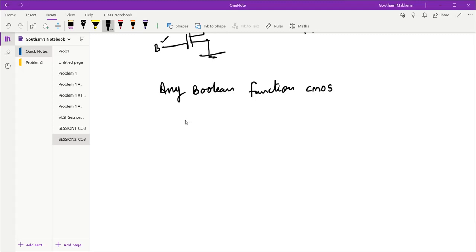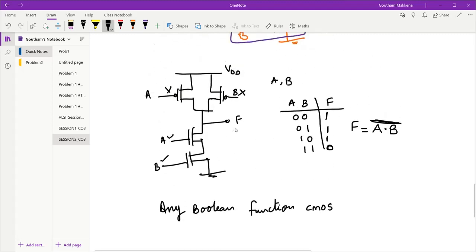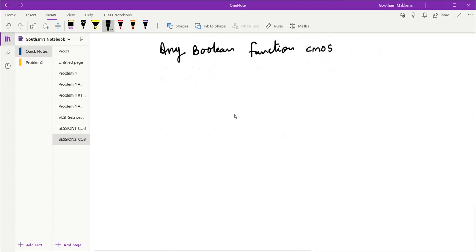Suppose, like you see here, if your boolean expression has an AND operation, here A dot B is happening. If your boolean expression has an AND operation, NMOS will be in series, and similarly PMOS will be in parallel. Okay, so you may write that down.